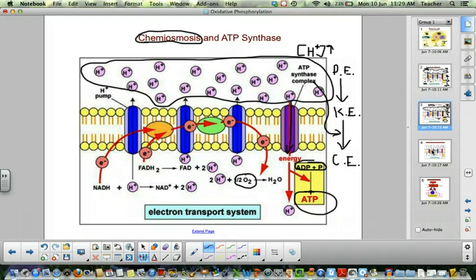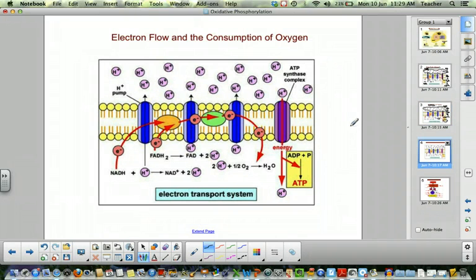All right. Electron flow and the consumption of oxygen. Let's talk about that now. Okay, so remember, NADH and FADH2 donate their electrons. They're oxidized. Anytime there's an oxidation reaction, there also has to be a reduction reaction.